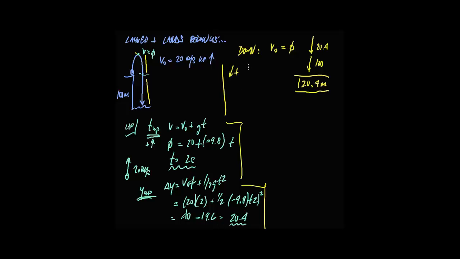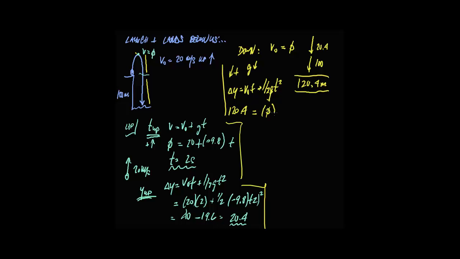We're thinking positive down now, which makes gravity down also. Delta y equals v0 t plus half g t squared. Oh, what awful handwriting. Should have been a doctor, right? 120.4 meters is how far we're going to let it drop.